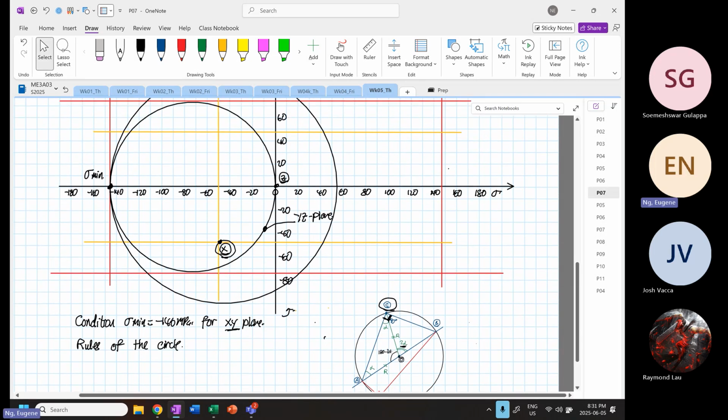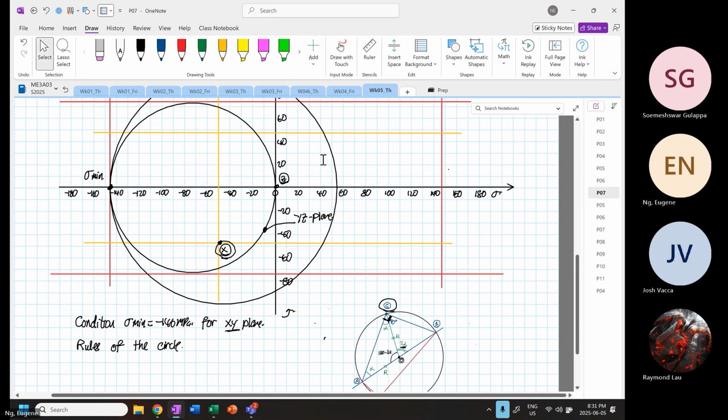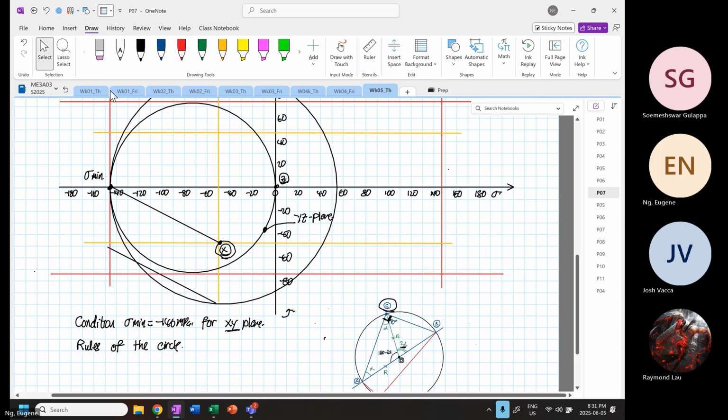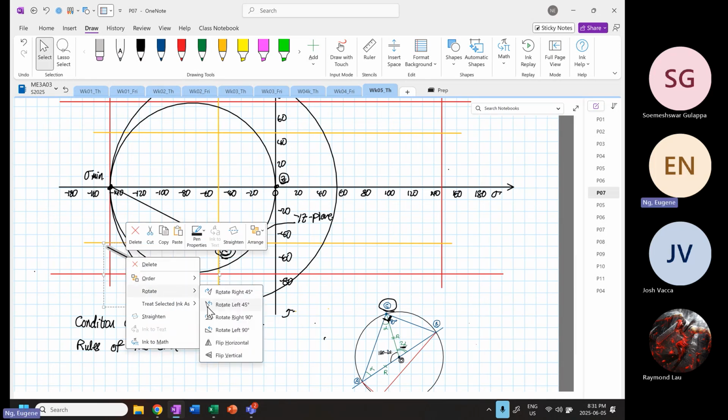So I'm going to draw a line now that touches the stress mean to my X line. And then I'm going to rotate this line by 90 degrees.